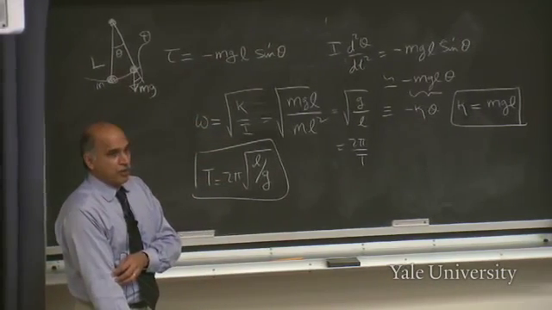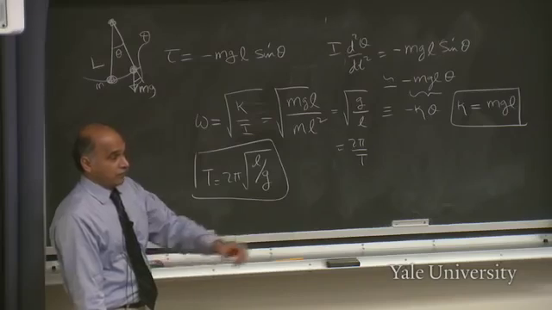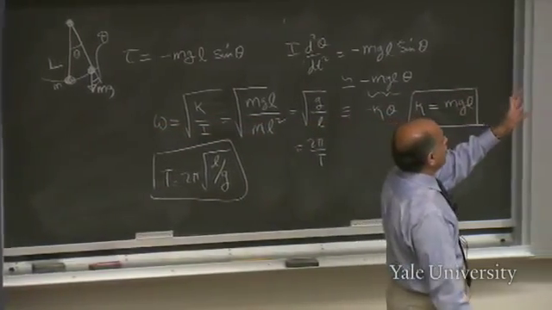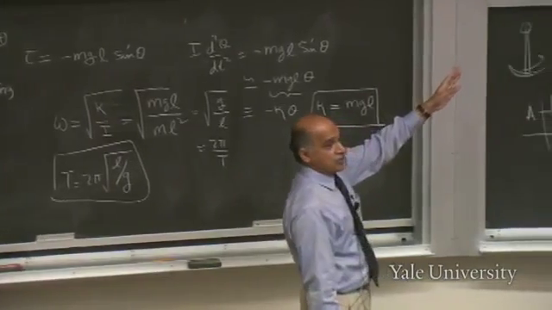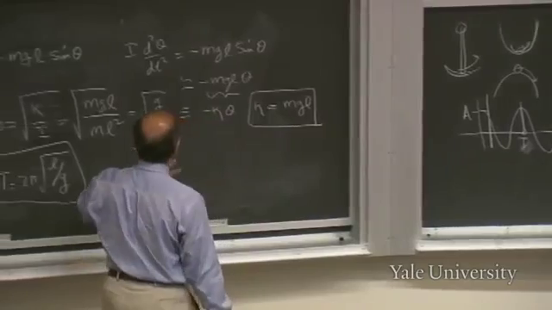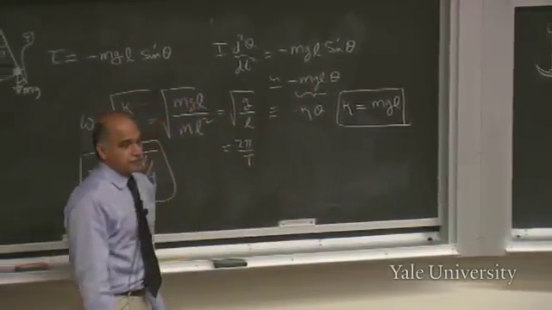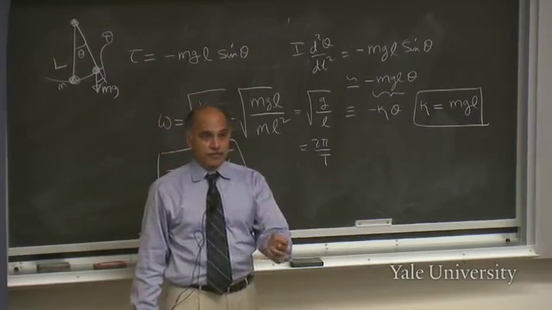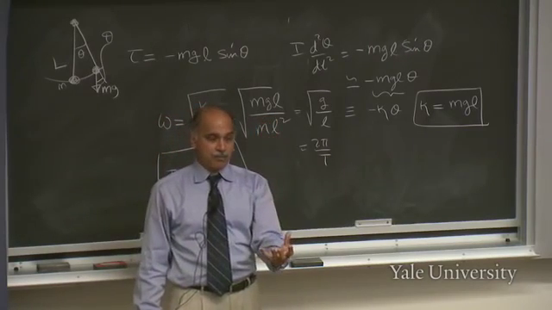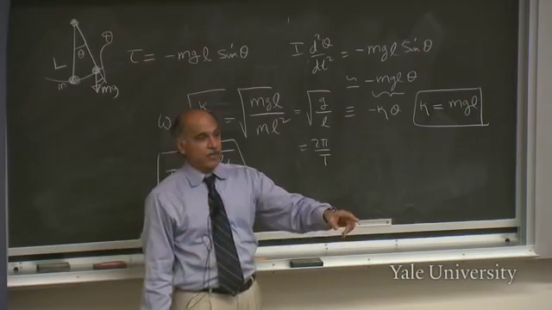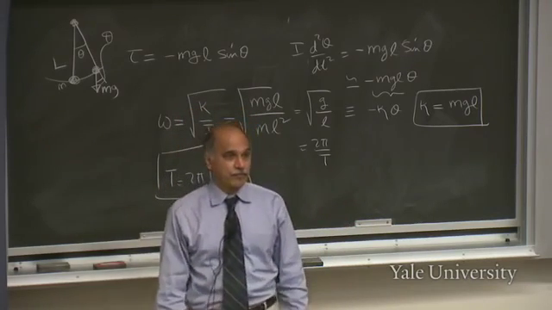So think about this problem. If you pull the pendulum by an angle so large that sine theta is no longer approximated by theta, but you need the theta cubed over 6 term, it can happen for large enough theta, then the equation to solve is no longer this. And what that means is, if you took a real pendulum with a massless rod and a bob at the end, the time it takes to finish an oscillation, in fact, will depend on the amplitude.